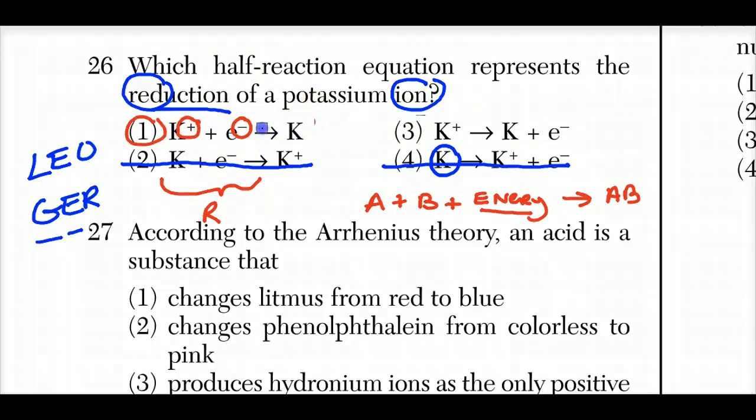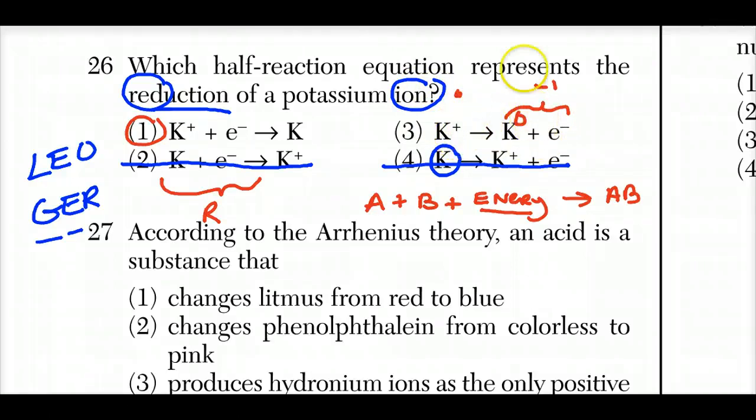Okay, reduction is the gaining of electrons. Now, K plus becoming K0, well, this doesn't make any sense because the charge isn't even balanced. Any case, if K plus gives off an electron, this is trying to show oxidation.